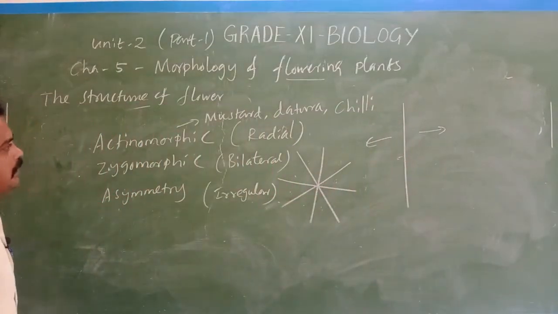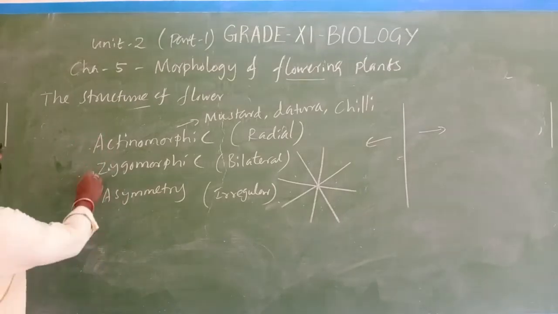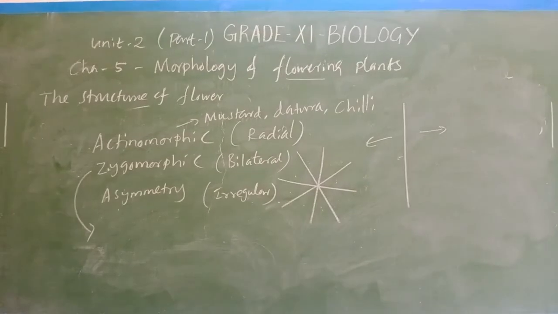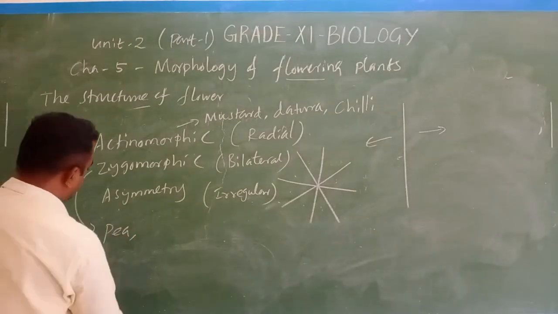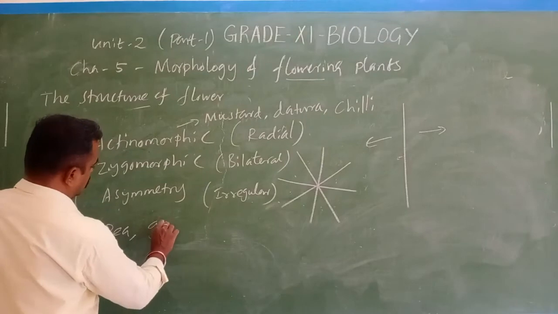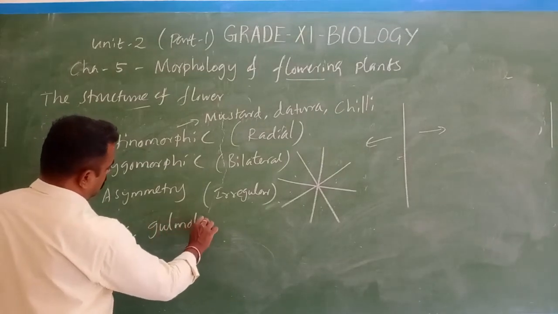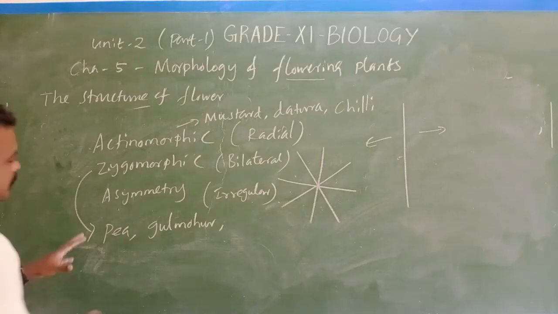So mustard, datura, and chili are examples for radial symmetry. For zygomorphic, the examples are pea flower, gulmohar, bean, and cassia.